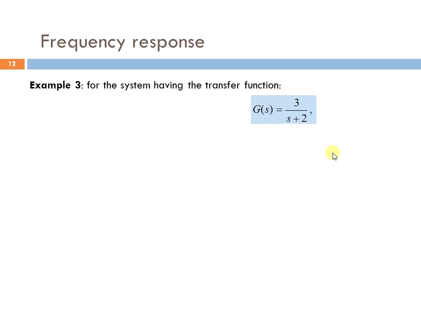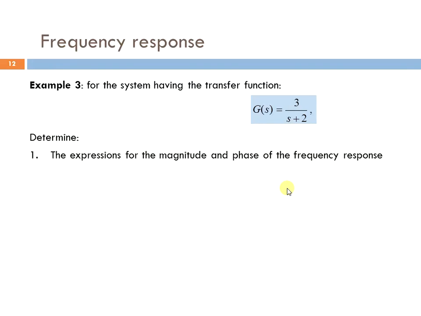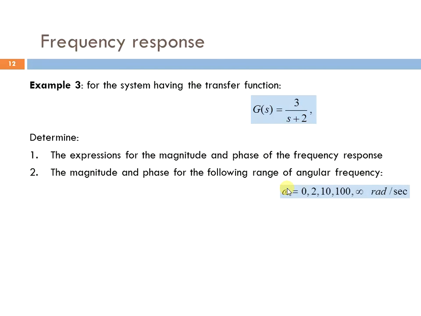In the next example, we look at determining the frequency response for a given range of frequencies. So using the procedure from the previous examples, we can determine the frequency response function and then evaluate it at the frequencies given here, omega equal to 0, 2, 10, 100, and infinity radians per second.